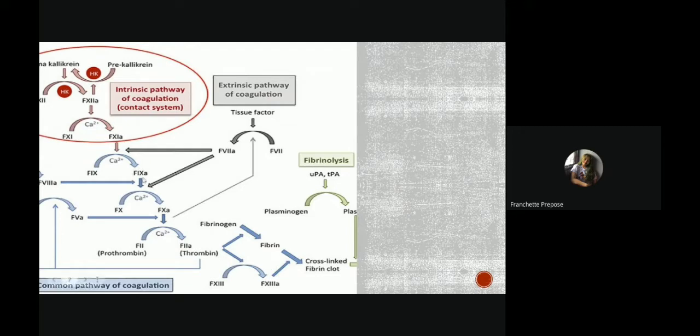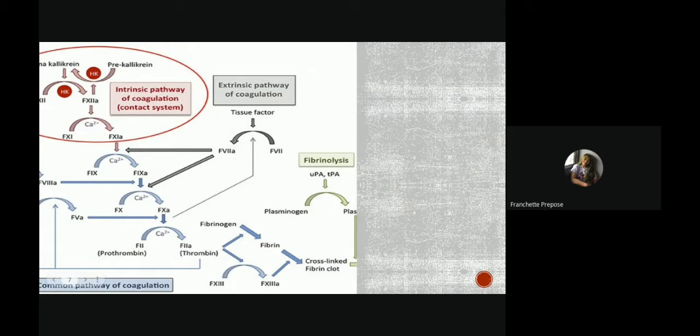Factor 9 will interact with another protein, which is factor 8. Factor 8 will interact with factor 9 and form a complex, but needs two more to happen. They need platelet factor 3 and calcium.